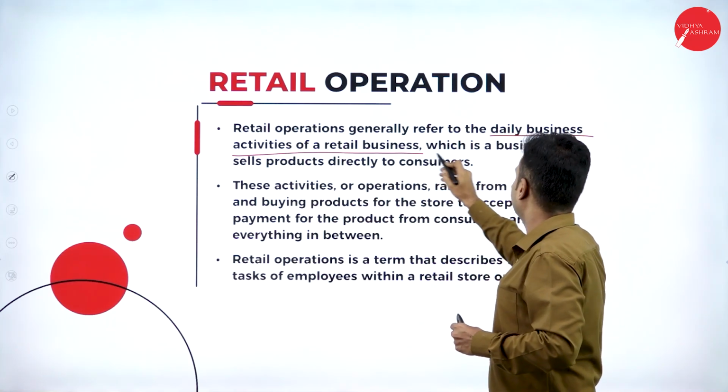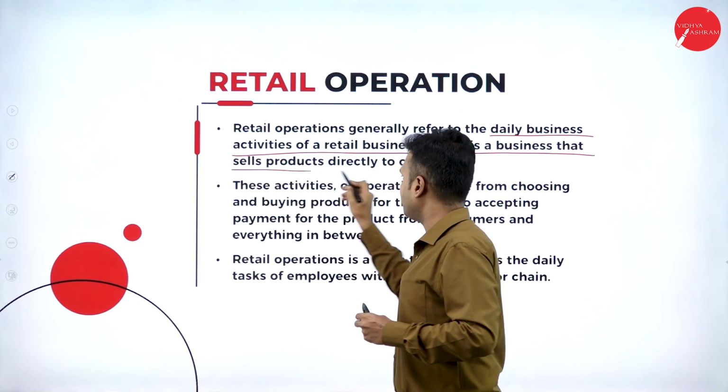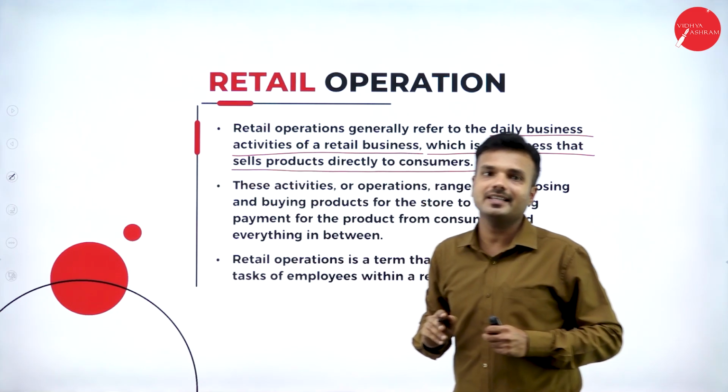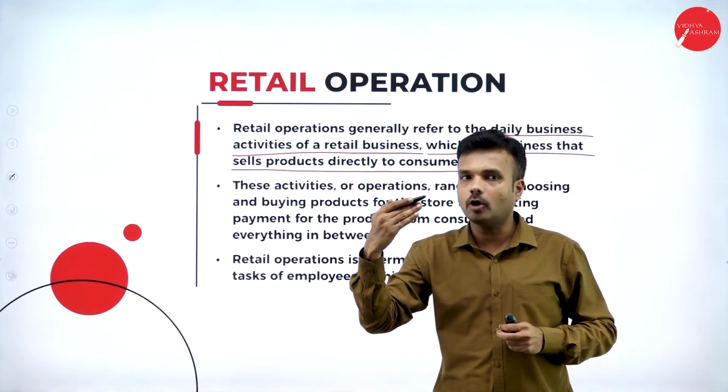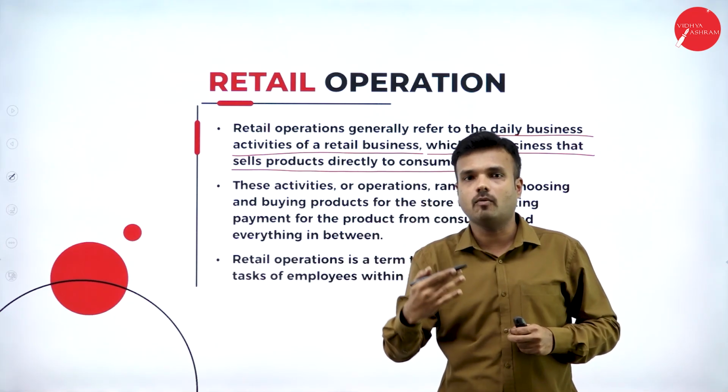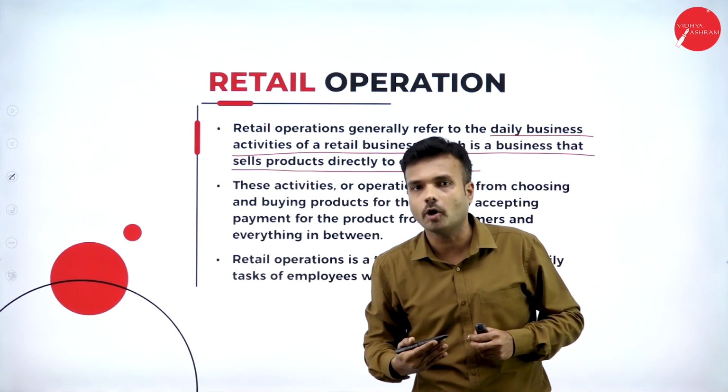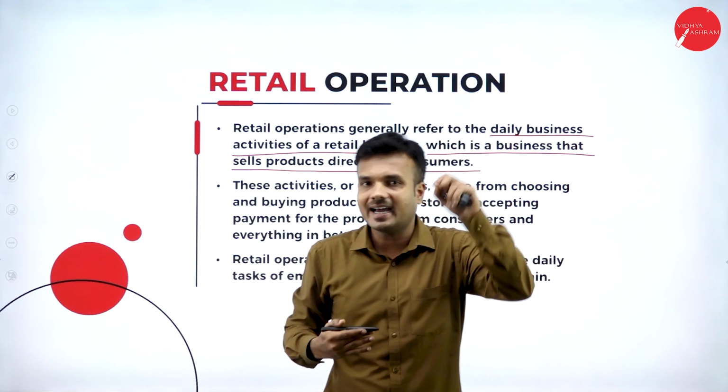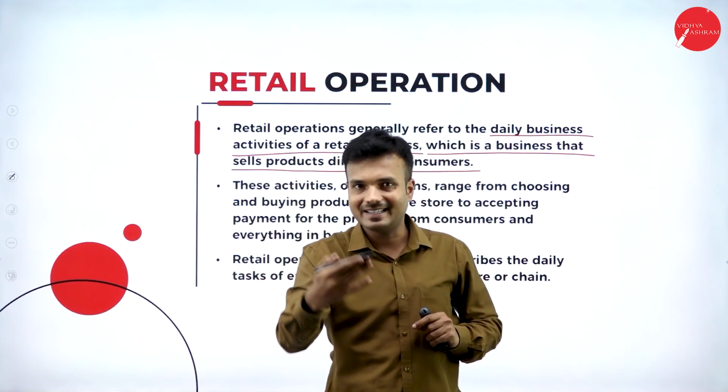the consumers. So as we know, the term retail itself says that it is going to sell the product to the end user of the commodity. Means it is going to sell the product only to the consumers, not to the resellers.